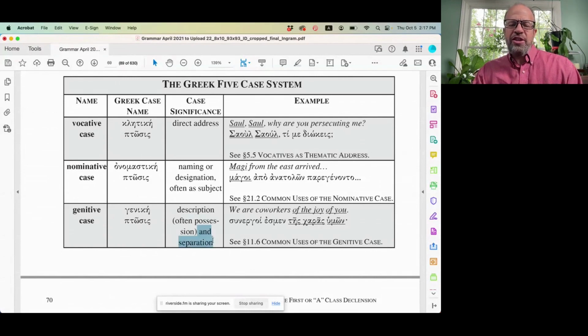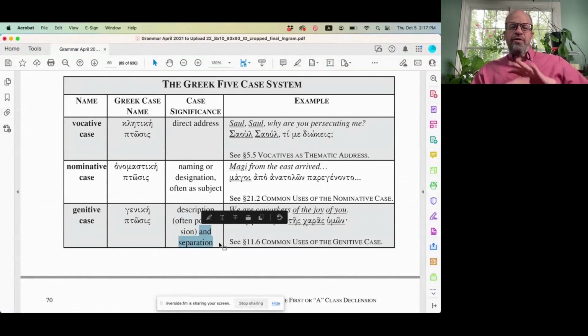The genitive case is also a case of separation from. This is seen particularly with prepositions like ek or apo, expressing separation and source, a kind of movement away. Historically in the language, this is associated with the ablative case.